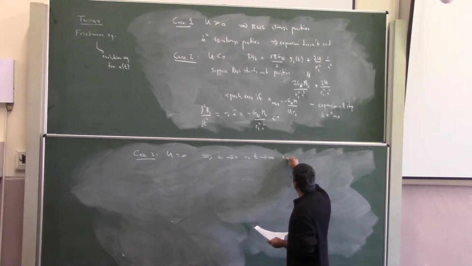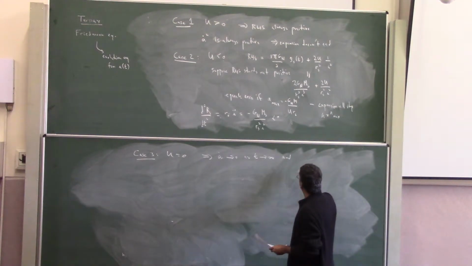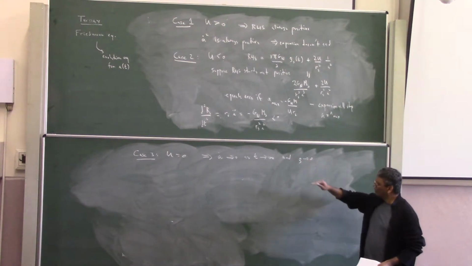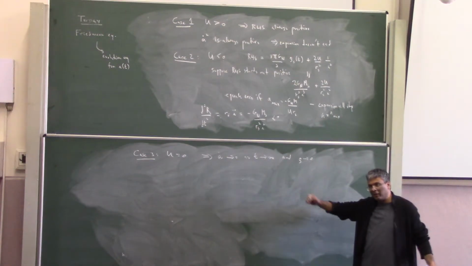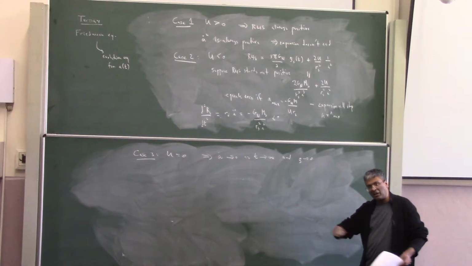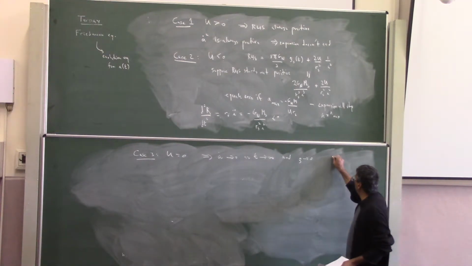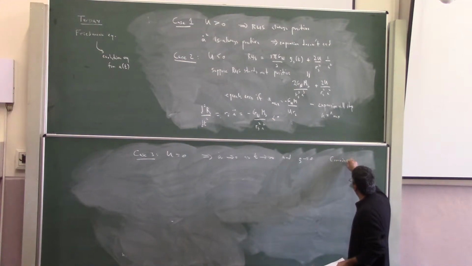And as expansion keeps going, the sphere is getting bigger and bigger, so the density rho is going to 0 as well. Okay, I'll let you convince yourself of this.